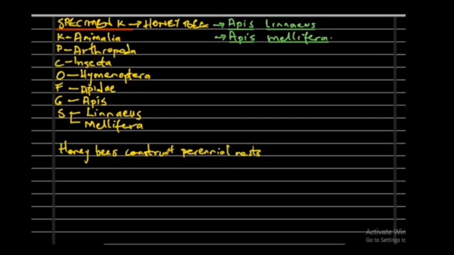They construct nests and it is made from wax. These honeybees are domesticated for honey. They are actually reared for the production of honey.